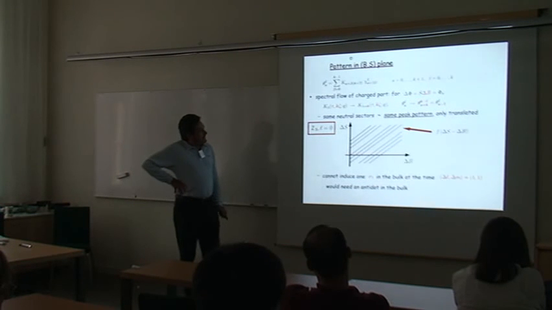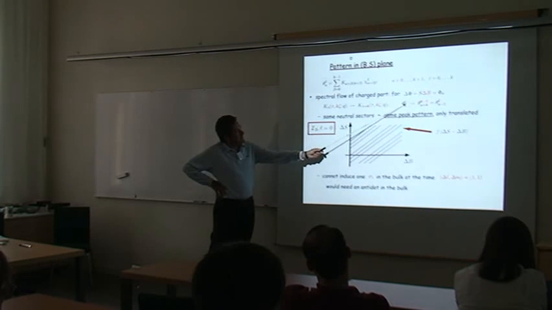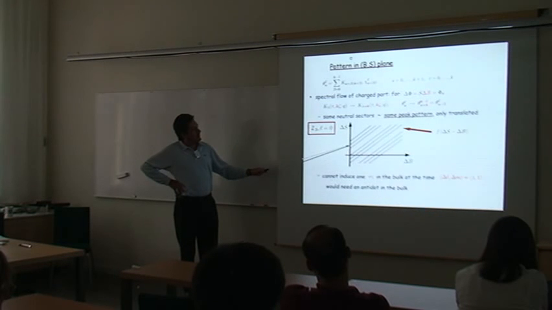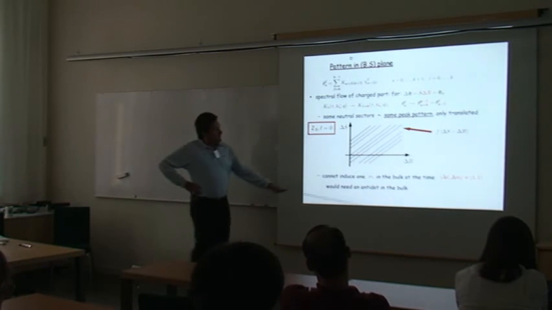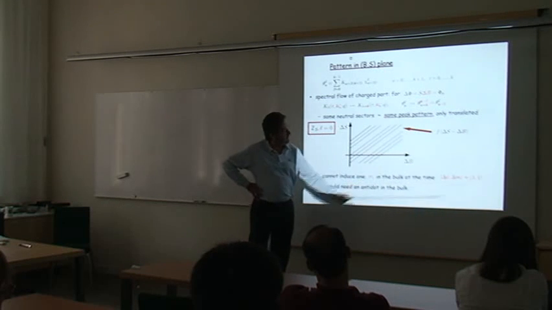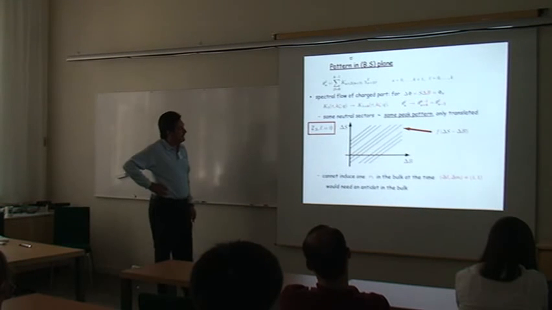But it would be better if you could change the quasi-particle number. So if you could change L into L plus 1, then the pattern would change, and this distance would move. But in fact, it's not possible, because you need to make a transition which is not caused by the magnetic field.